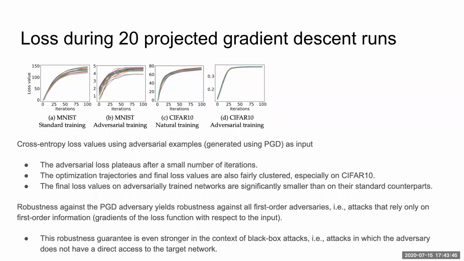But the important thing is the next point, that what this demonstrates is that robustness against a projected gradient descent adversary will yield robustness, i.e. protection against all first order adversaries. So, the key thing there is it will cover attacks by adversaries familiar with the gradients of the loss function with respect to the input.